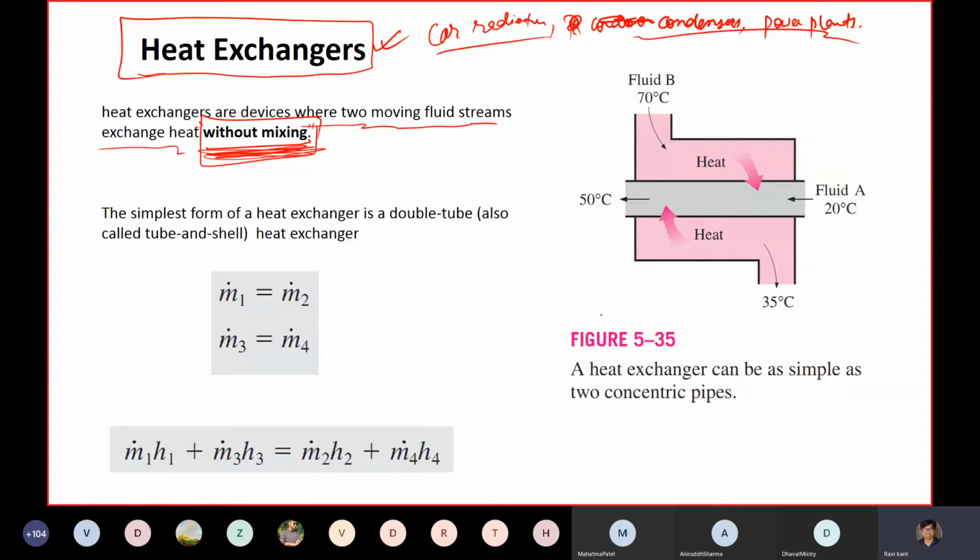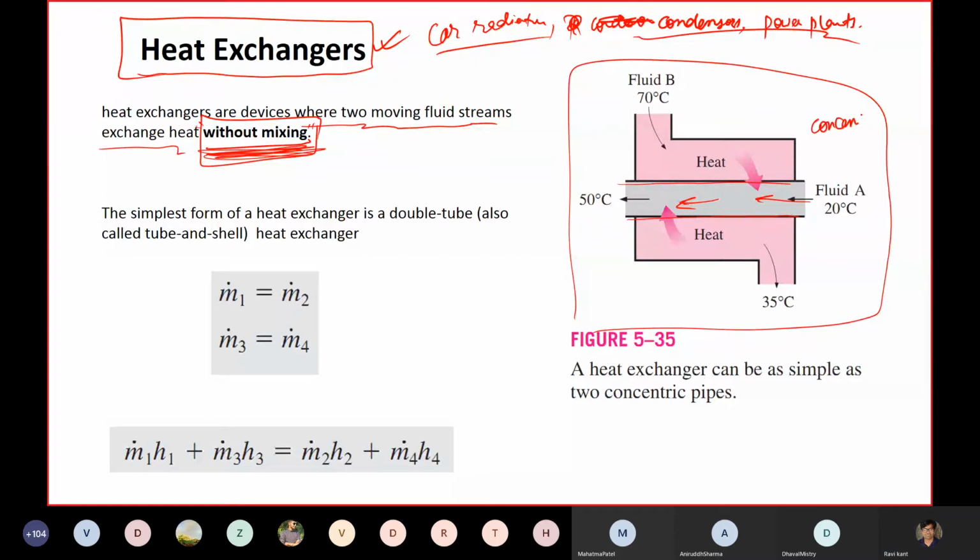Let's suppose I'm considering this particular example. You have a pipe that contains fluid A. The fluid is flowing like this from right to left, and on top of it, concentrically, another fluid passes.